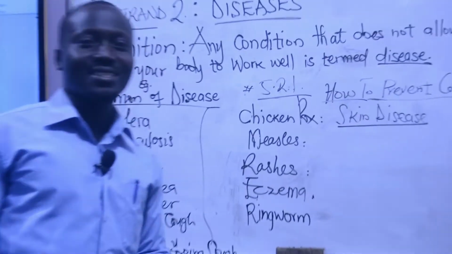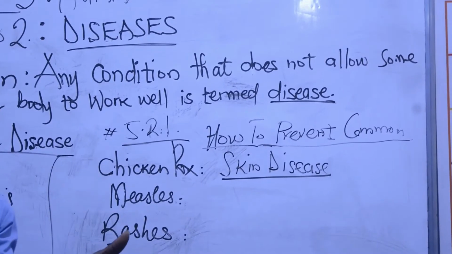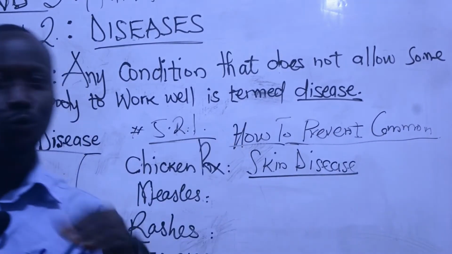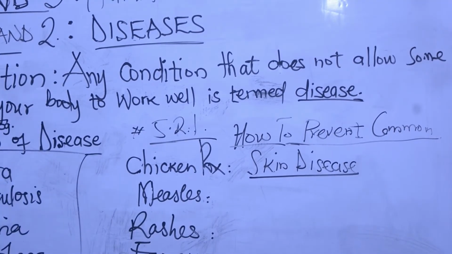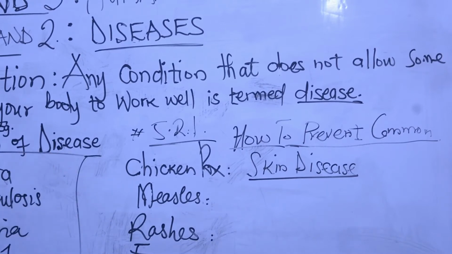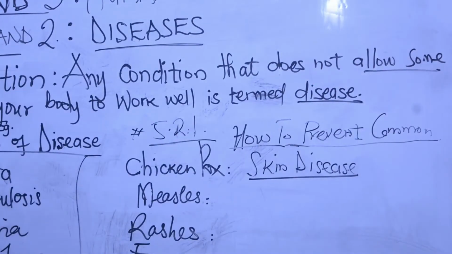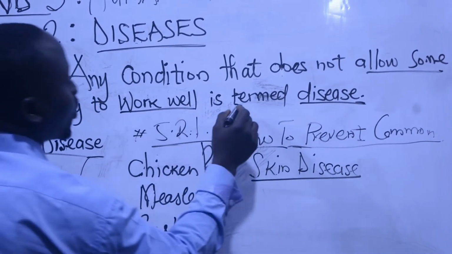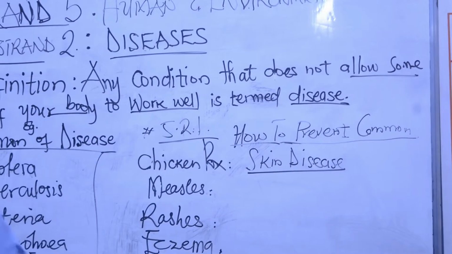We say a disease is any state or condition that does not allow some parts of your body to function well. Some parts could be your head, your nose, your teeth, your jaw, your stomach, your leg, any part of the body.